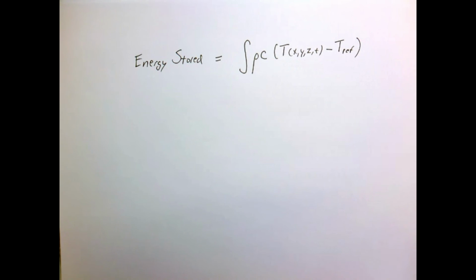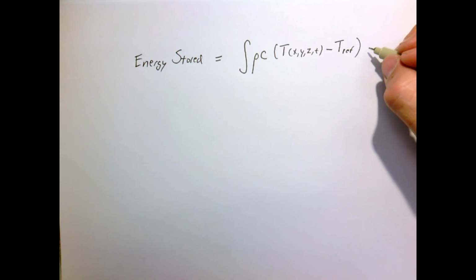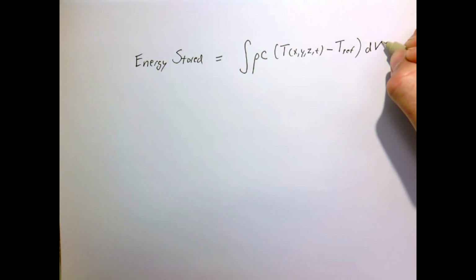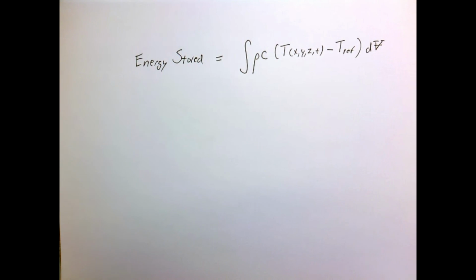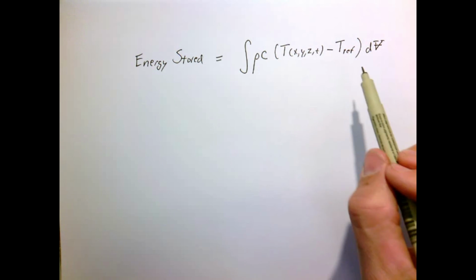Remember, energy we always have to define relative to some reference state. So we'll just call it Tref, a constant, integrated over dV, integrated over the entire volume. Whereas before, we just integrated this over a length x from 0 to L. Now we're integrating over the whole potato.